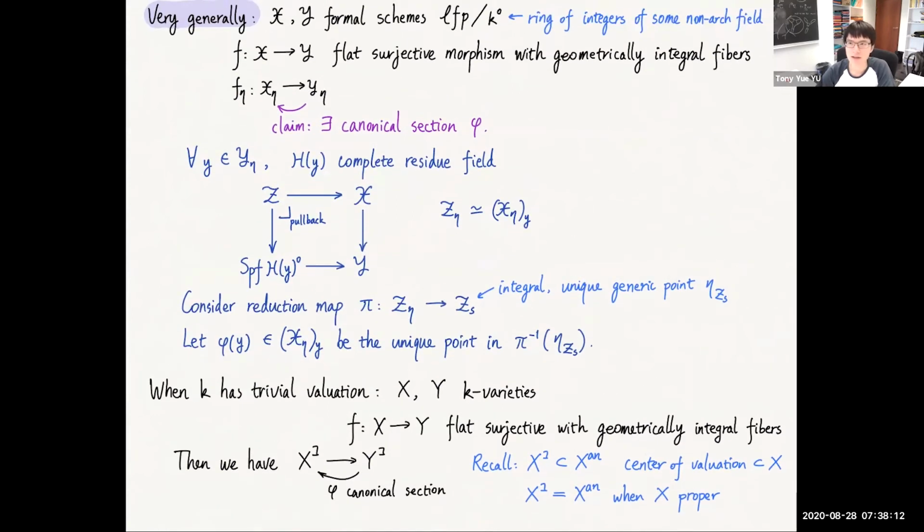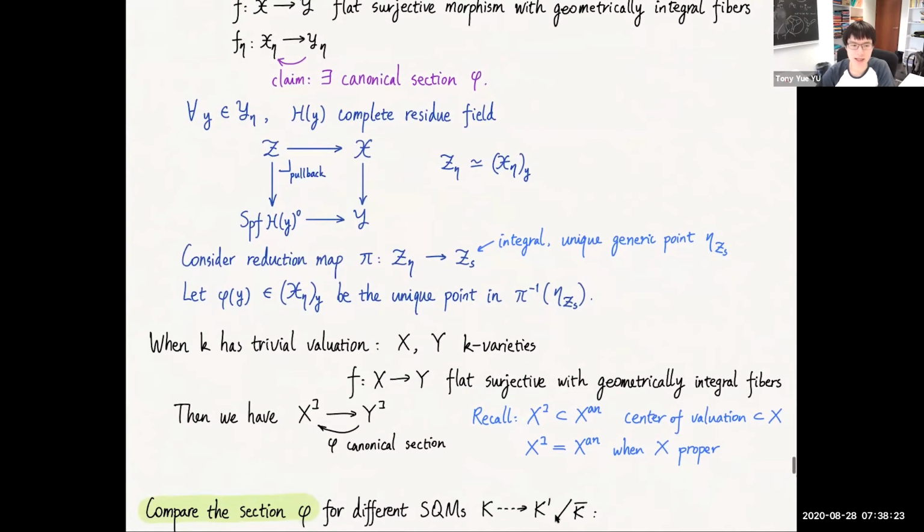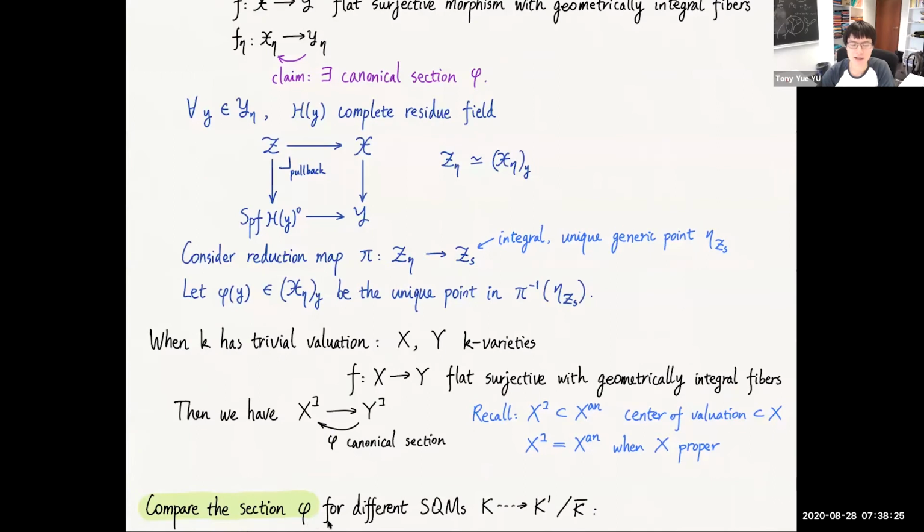And now recall that we want to glue cones of the Mori fan according to their associated phi. So let us compare the sections phi for different SQM. Let's first consider the moving part of the Mori fan, which is given by these birational maps without the small birational maps.